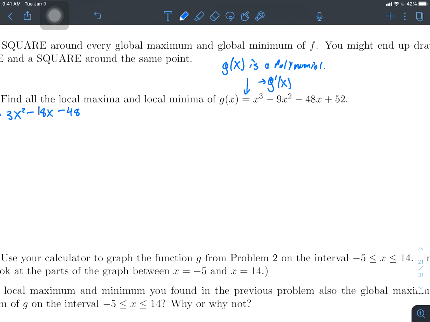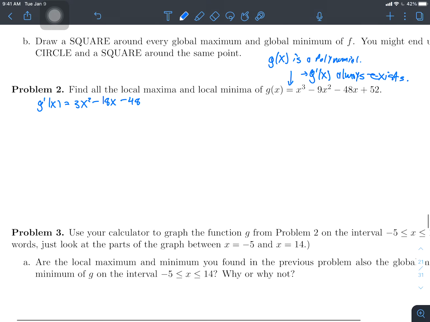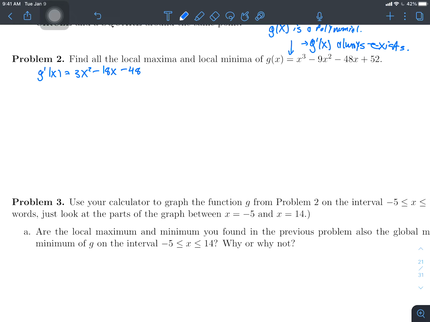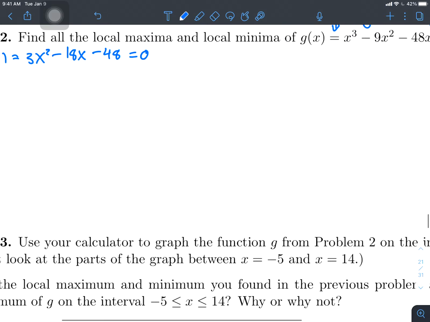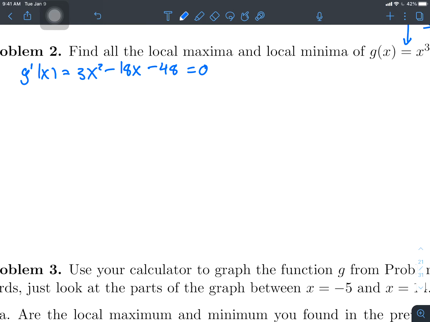G prime of x always exists. So, I know that I will have a critical point at any location where the derivative is either 0 or doesn't exist. I've verified already that it always exists, so I just need to check the places where it might be 0. So I set this equation equal to 0.